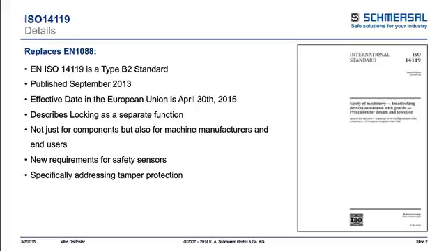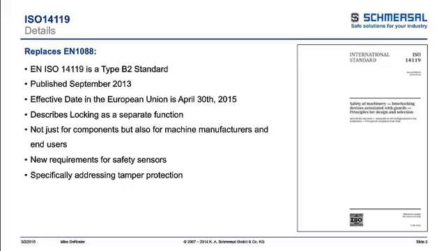We'll talk a little bit about that, and then the new requirements for safety sensors. As technology has developed with getting into more of the electronic type of devices, electromagnetic type of locking switches, or pulse echo or RFID type of safety devices, where do they really fall into the mix of this standard?